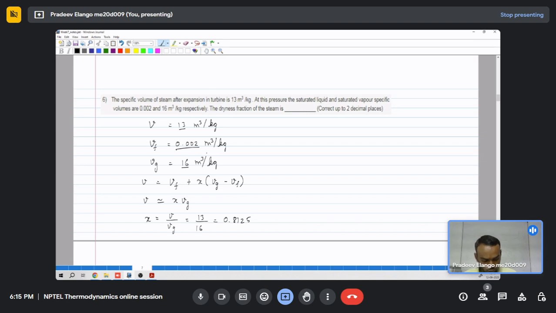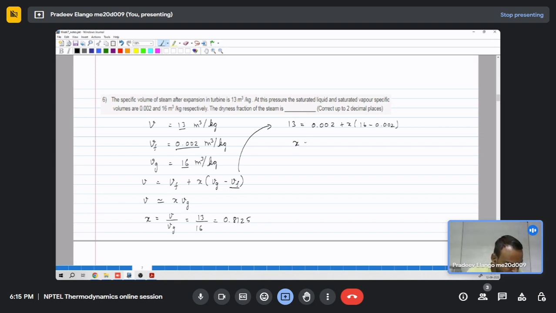Or if you do not take the assumption of neglecting Vf, you can also check how different you get from the actual value. So this is 13 equal to Vf, which is 0.002, plus x into Vg, which is 16, minus 0.002.